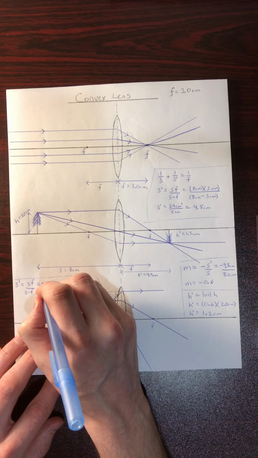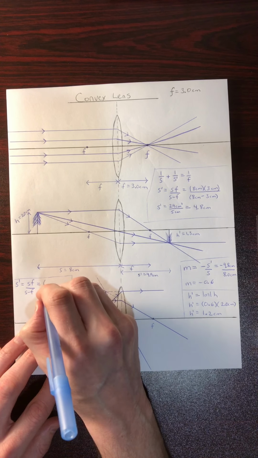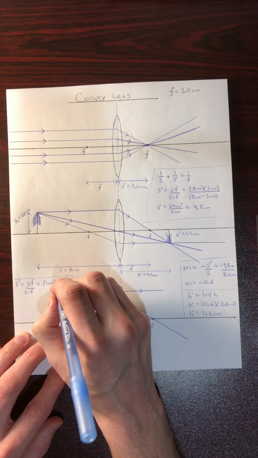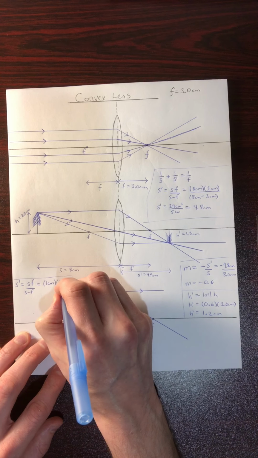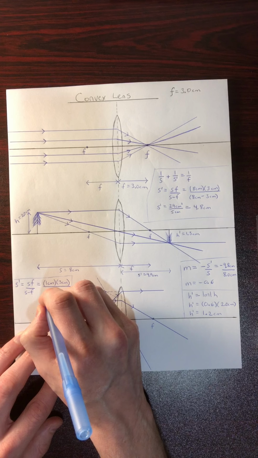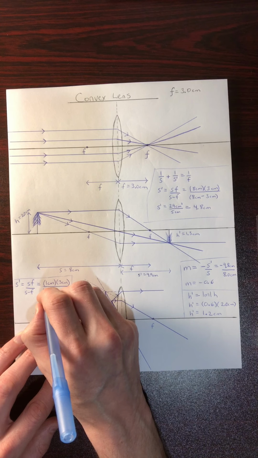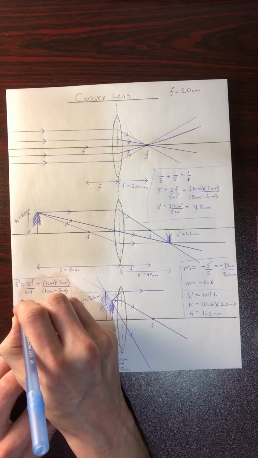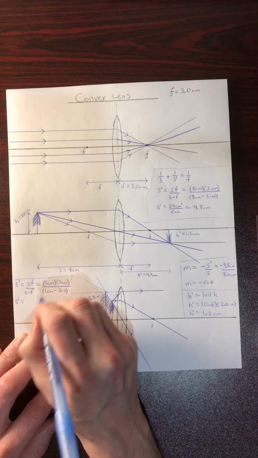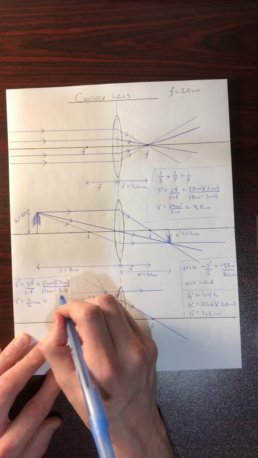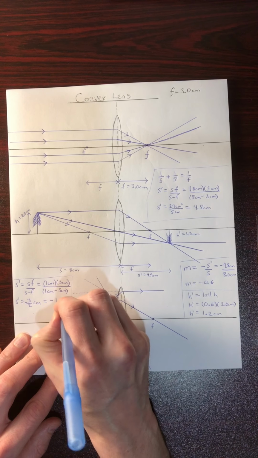And so we have, in this case, 1 centimeter for S and 3 centimeters for our focal length, and then we've got 1 centimeter minus 3 centimeters, and so we get this S primed of 3 over 2 centimeters, or sorry, 1 is negative, so negative 1.5 centimeters.